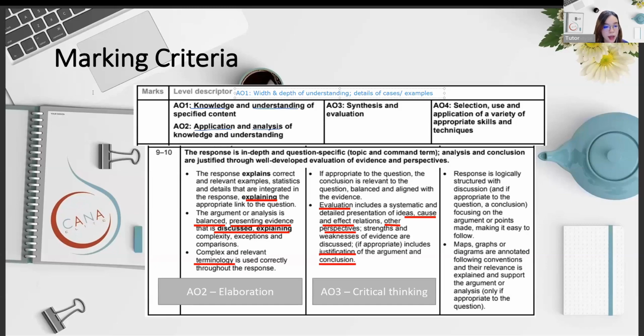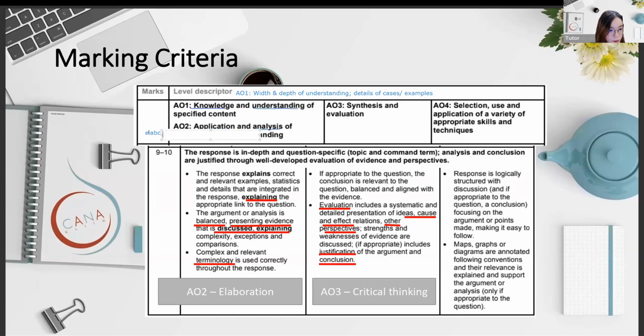And for AO2, it's about application and analysis of knowledge and understanding, and to help you understand more easily, it actually means elaboration.